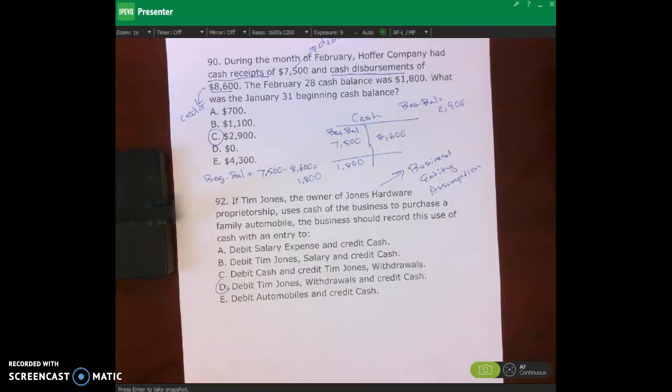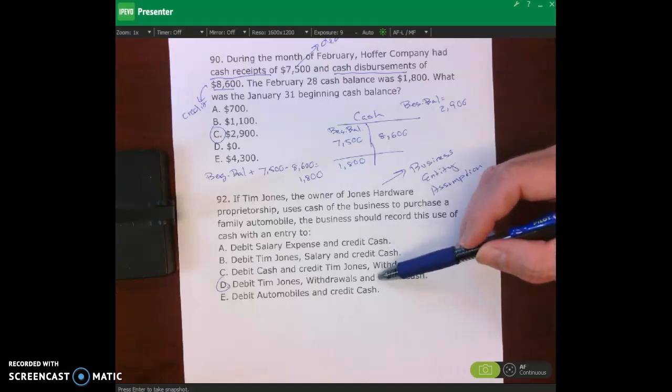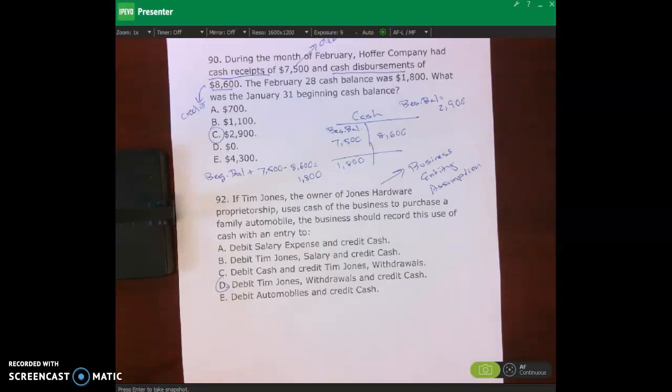Let's look at number 92. It says, if Jones, the owner of Jones Hardware, uses the cash of the business to purchase the family car, the business should record this as D, Tim Jones withdrawals. And I said when you answer this question, think about the business entity assumption.